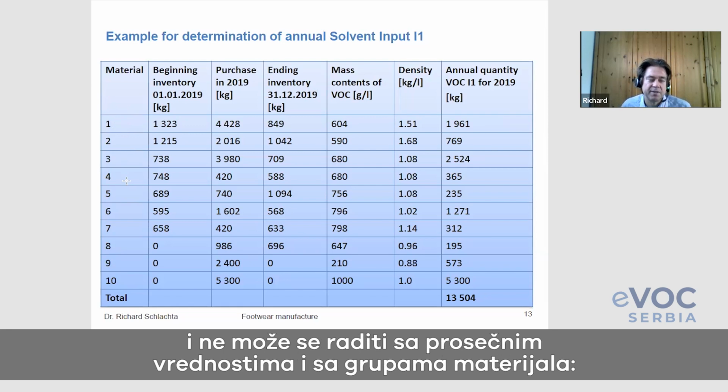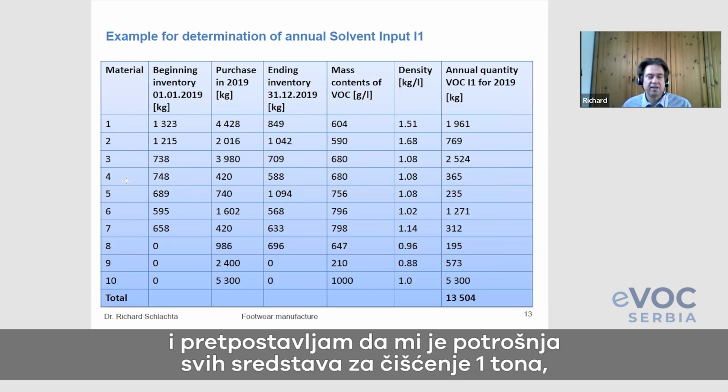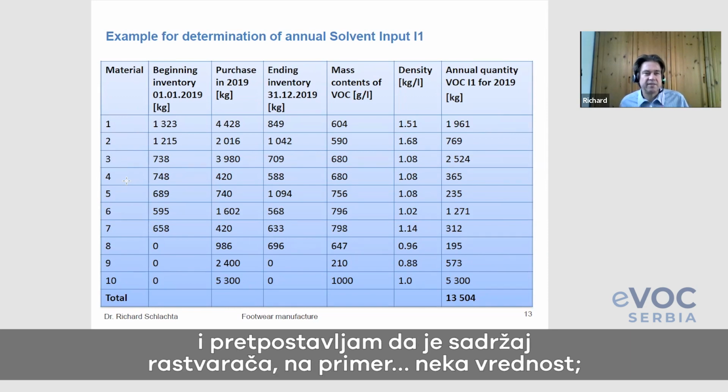It's not possible to work with averages, or to say, for a group of materials, I have cleaners, so I assume my consumption of all cleaners is 1 ton, and I assume the solvent content is a certain value.